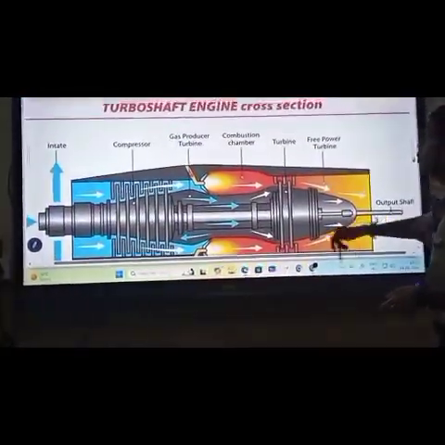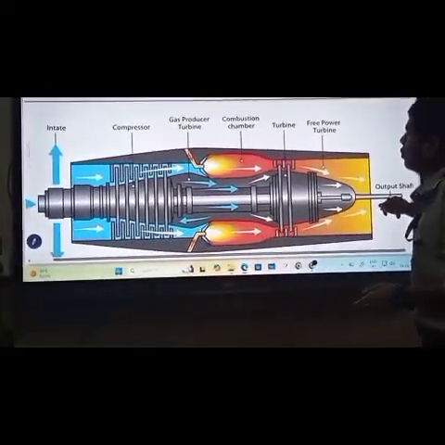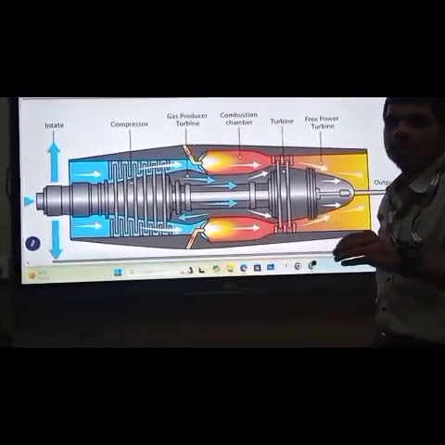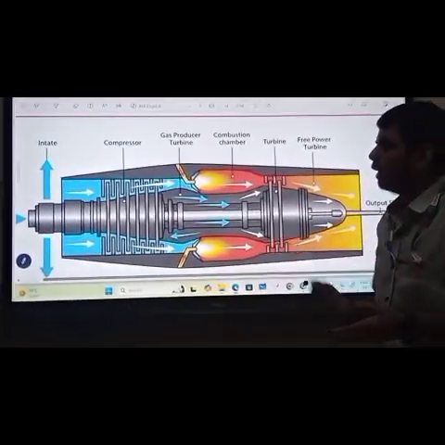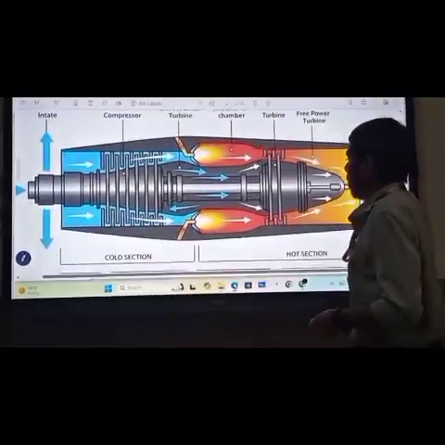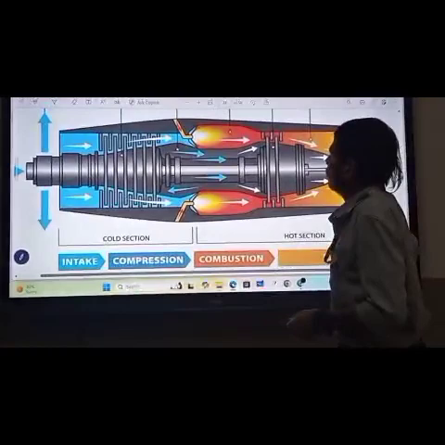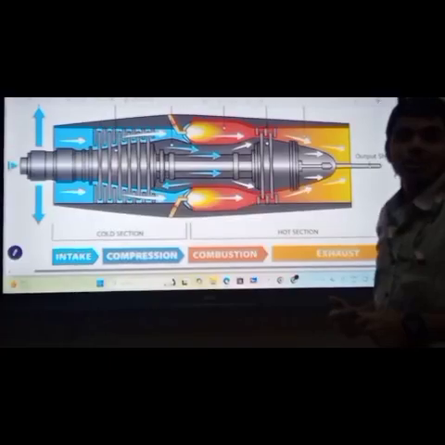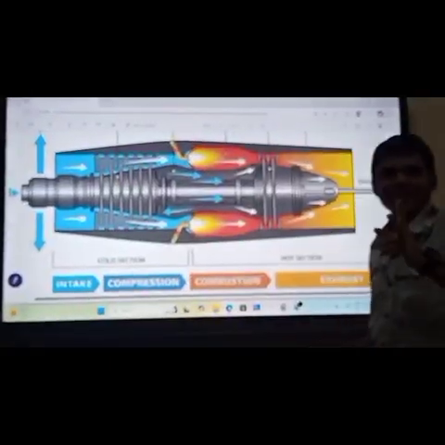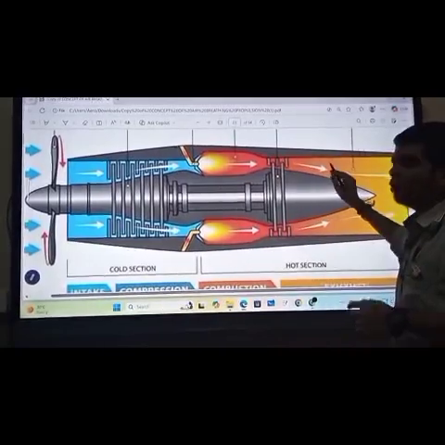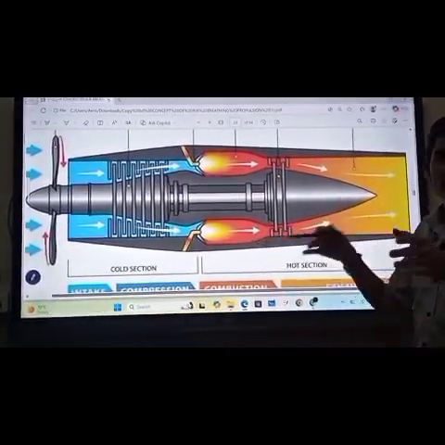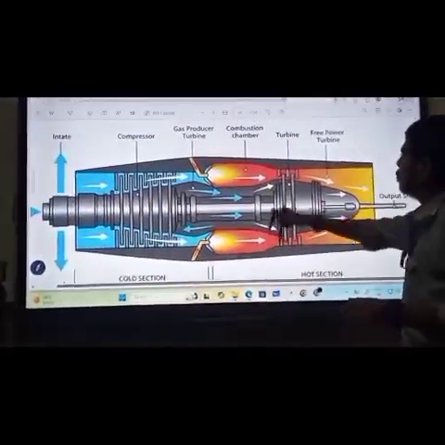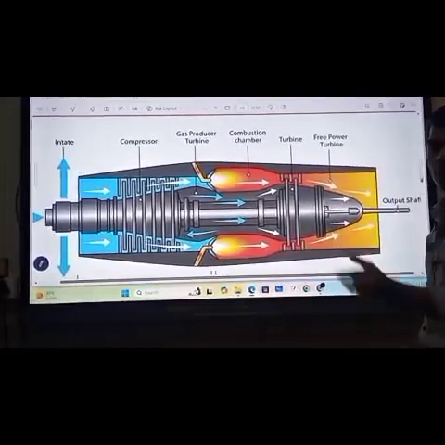Then let's come to the turboshaft engine. The turboshaft engine is used in aviation or helicopter systems. The turboprop is used for commercial and private jets, and the turboshaft engine is used for helicopters, choppers.